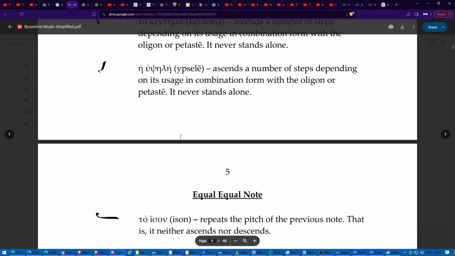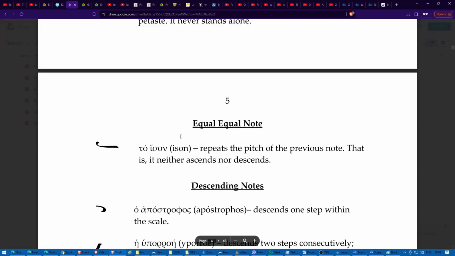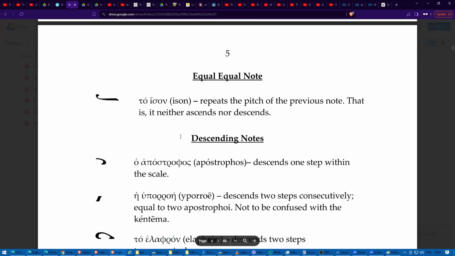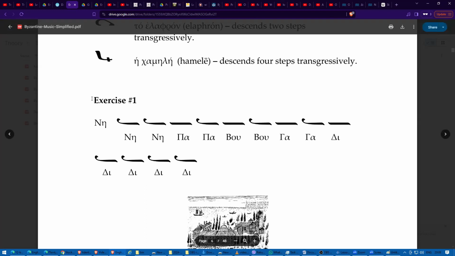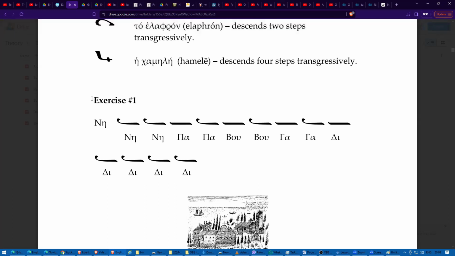The ison keeps the current note the same as the previous note, and the apostrophos descends by 1 note.